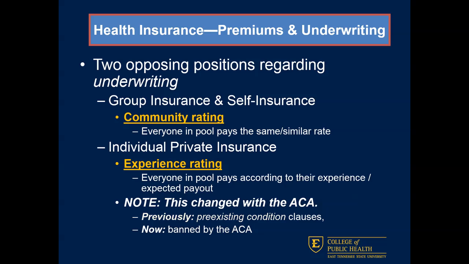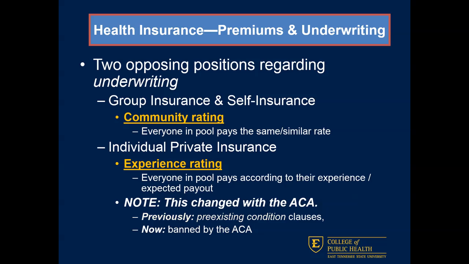So the next view on that is how it used to be, before we had the Marketplace and the Affordable Care Act. We had individual private insurance that was based on an experience rating. In experience rating, really the individual or the person makes the determination of what their premium is going to be.